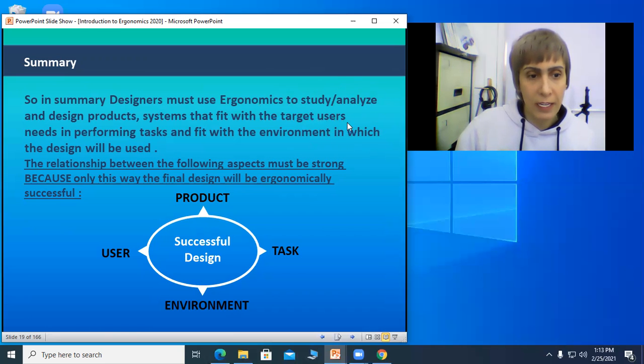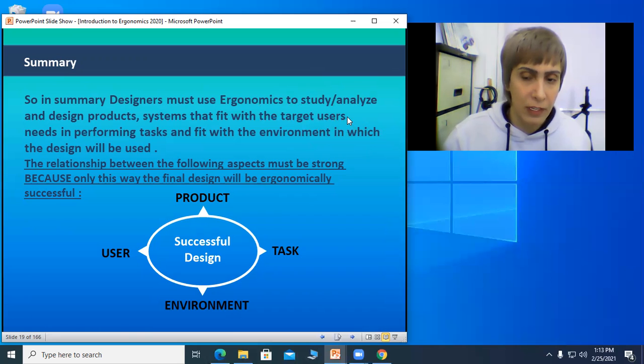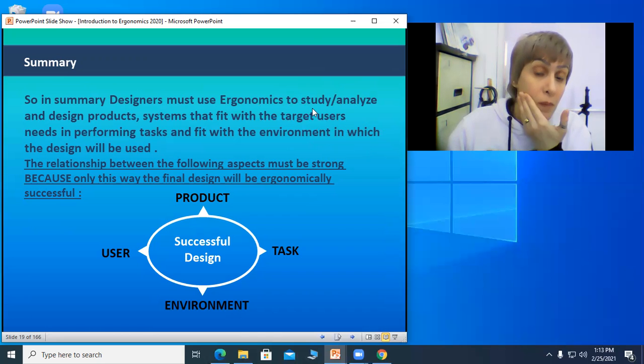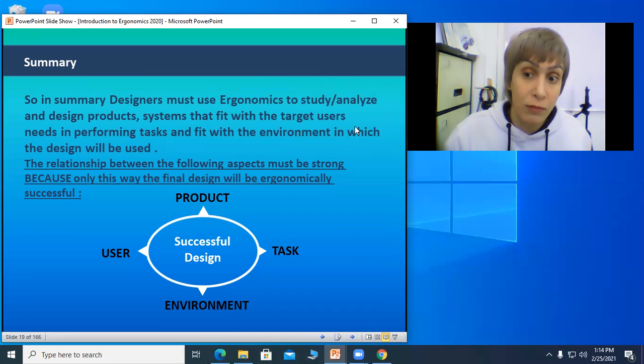Now to study and analyze, we will talk about analysis a little later, okay? But in general, when you design anything, any type of design, ergonomics also has information of how to analyze a design before you design the new design.